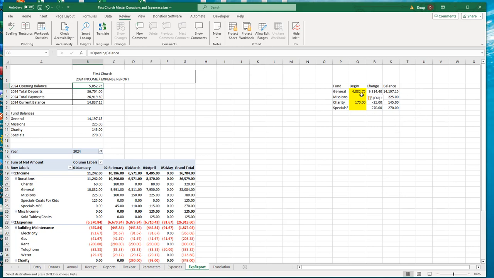So let's talk about our beginning balance then. Rather than typing it in manually, we can actually calculate our beginning balance, because for the general fund, it's going to be whatever we have in our current balance minus any of these missions, charity, or special beginning balances.